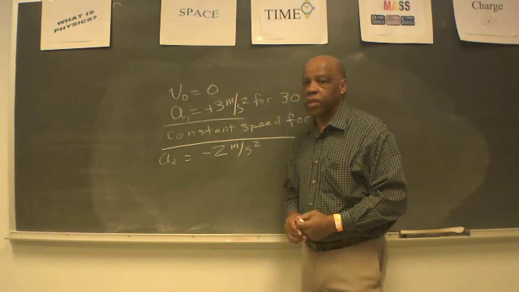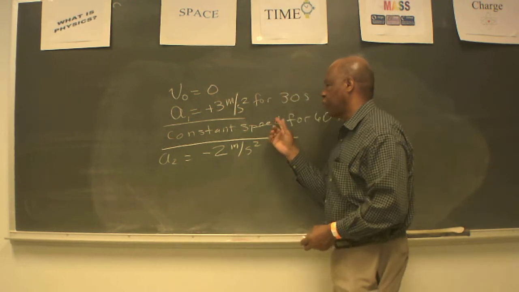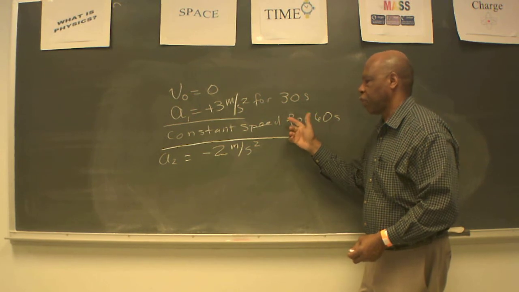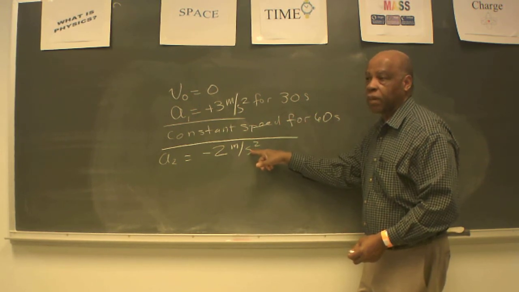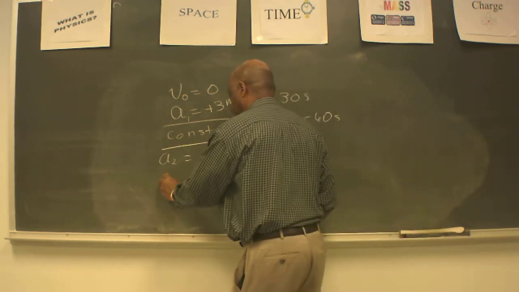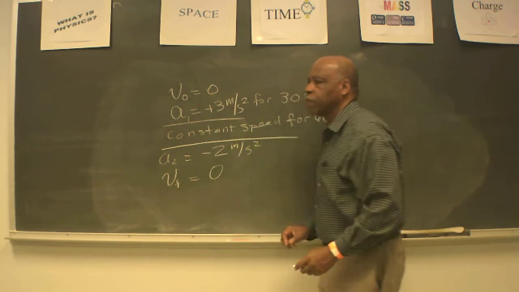Notice it did not tell you the time. Of course, you don't need the time in this part because you would have already found that constant velocity that you were traveling at when you started this deceleration. And the final velocity, of course, for this last part, is 0.